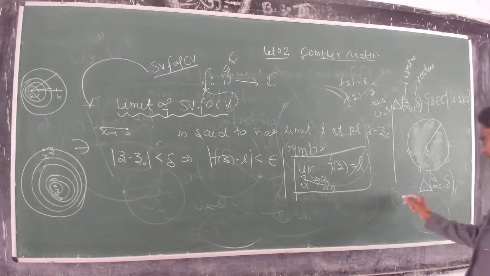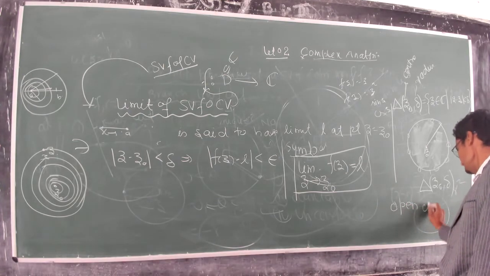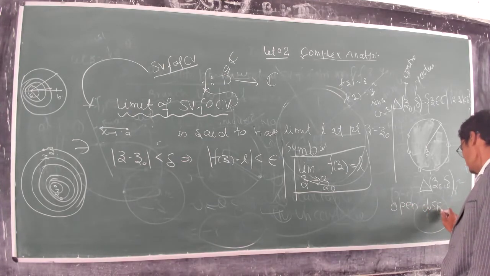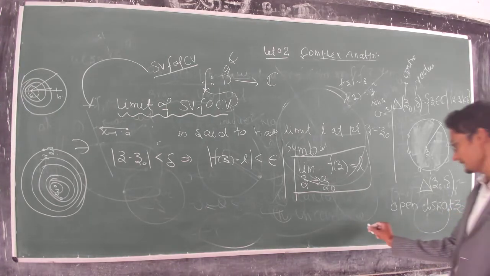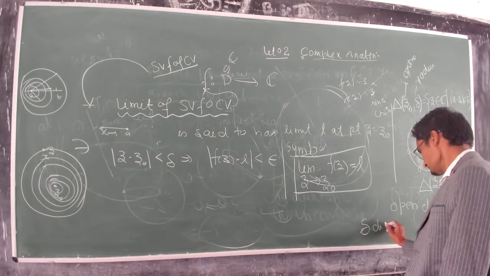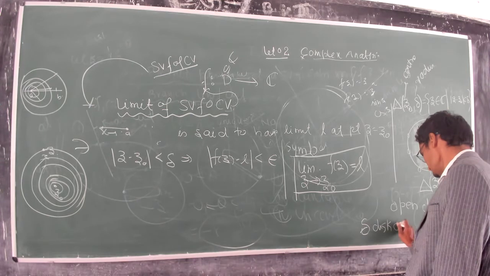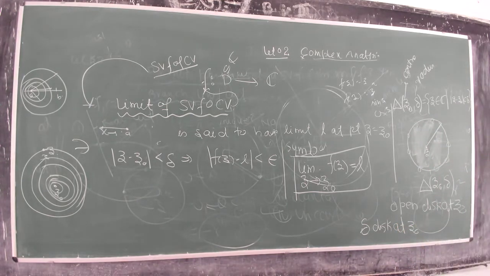We say this is the open disk at z naught, or delta disk at z naught.